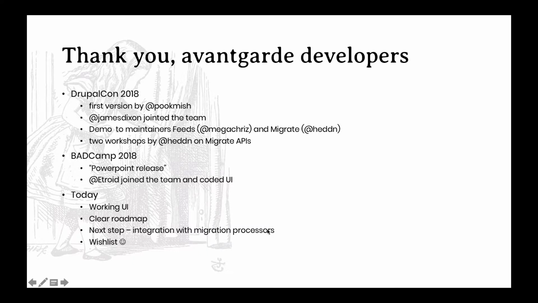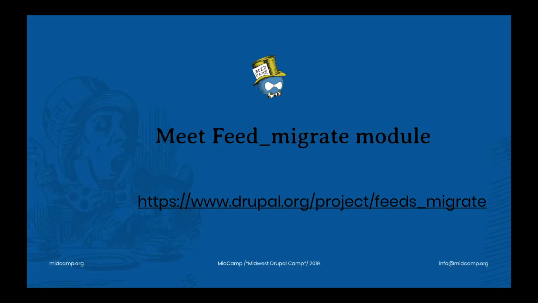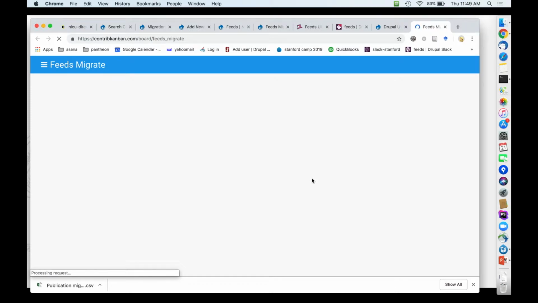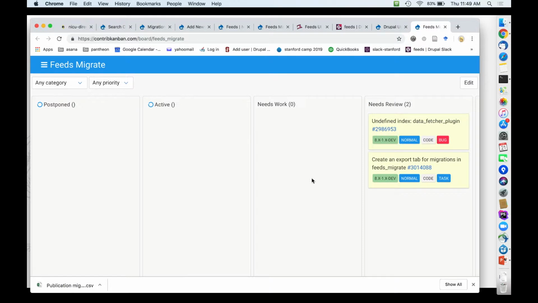At MidCamp we did a PowerPoint release, and Martin from Tableau also joined the team. And today I'm hopefully going to demo this new project. Let's welcome this new baby. The project is on Drupal.org. The most recent code is on GitHub, though. We're going back and forth. There is a Slack channel. We even have all the agile project management tools here.